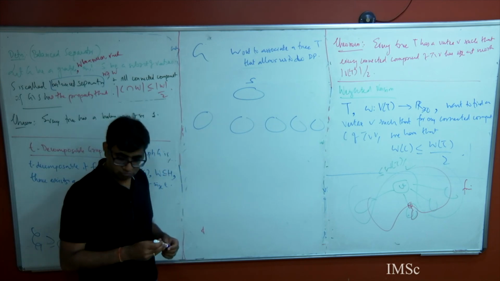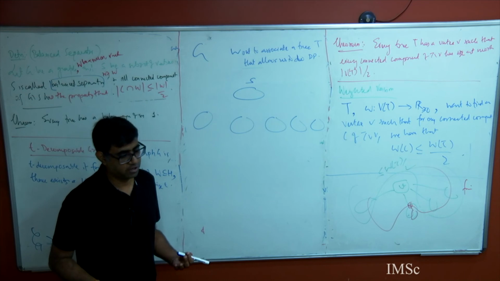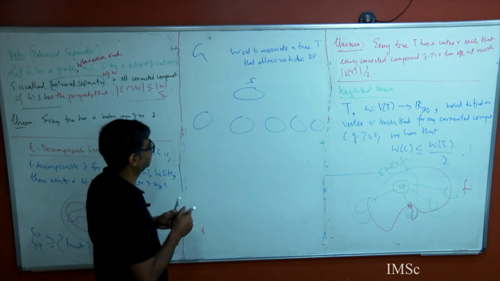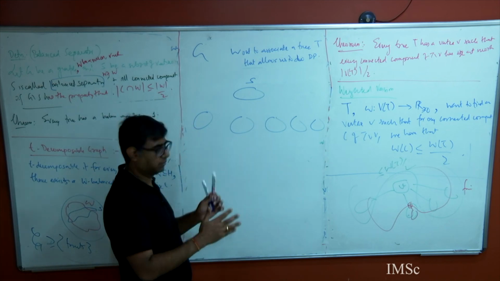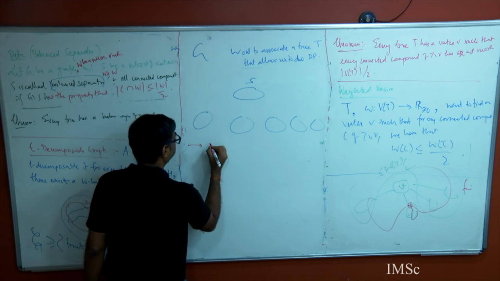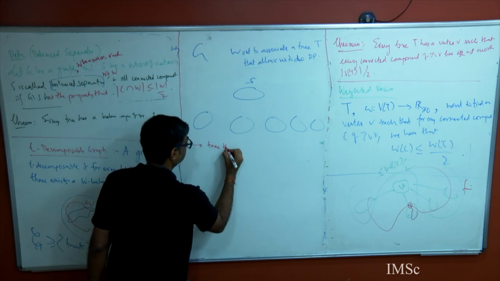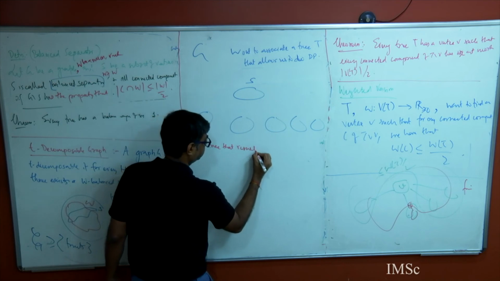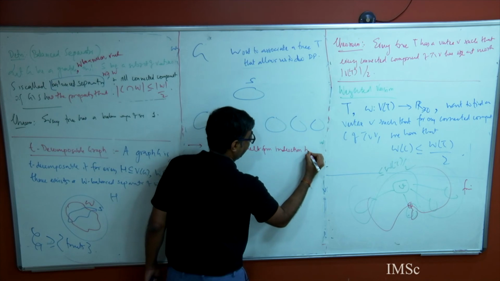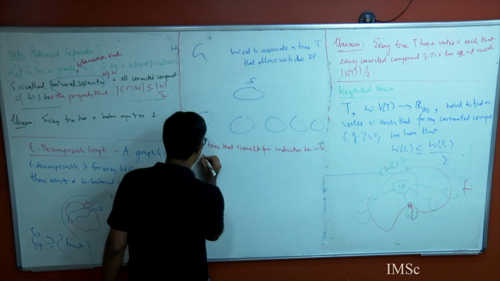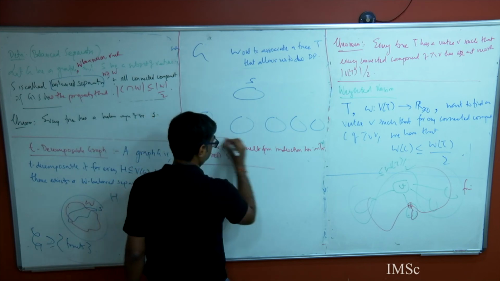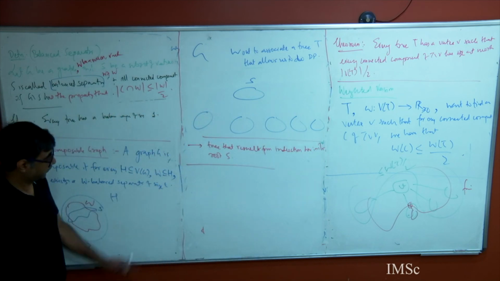So we should make our induction assumption stronger, because we will compute things inductively. If the number of vertices is too large, we will do something. First of all, the tree that results from induction has in its root S.